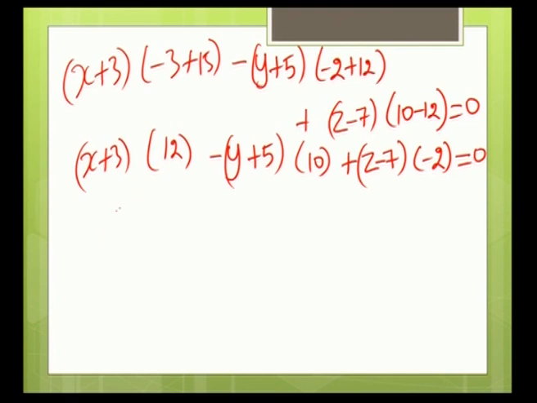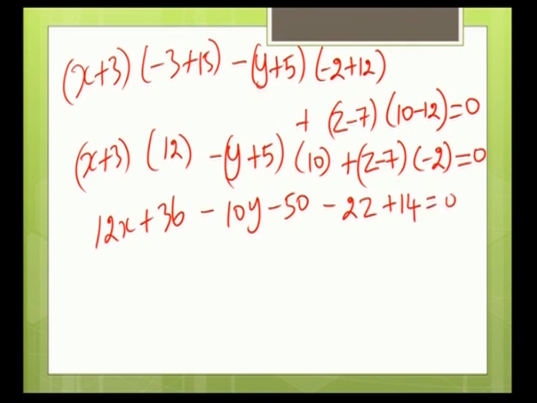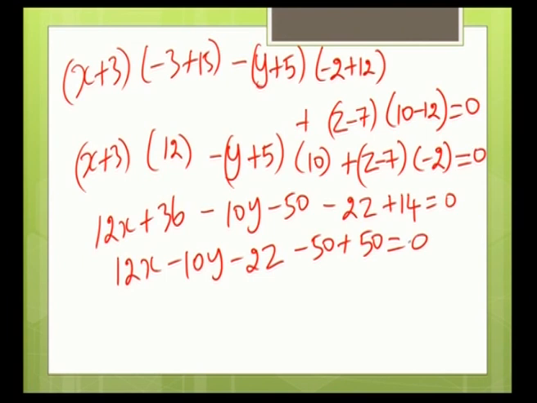Now, further simplification of this gives 12x plus 36, 12 into 3 is 36, minus 10y minus 50 minus 2z plus 14 is equal to 0. Now, 12x minus 10y minus 2z minus 50 plus 50 is equal to 0.